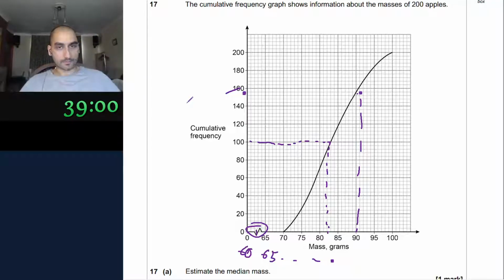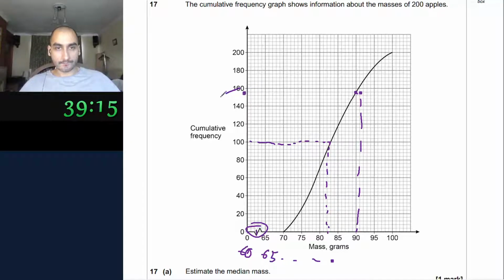Okay, wait, where is 90? Oh, it's that dot there. Wait, how many are there? 1, 2, 3, 4, 5.